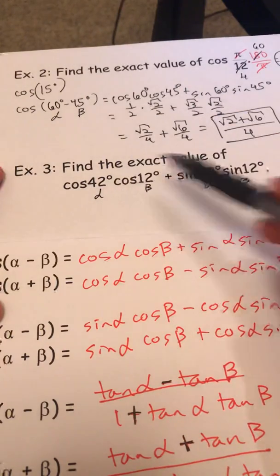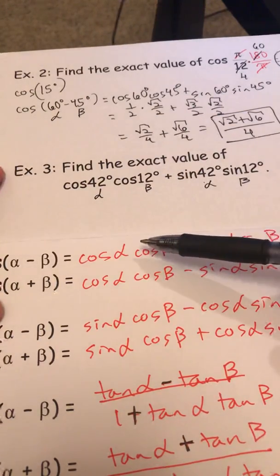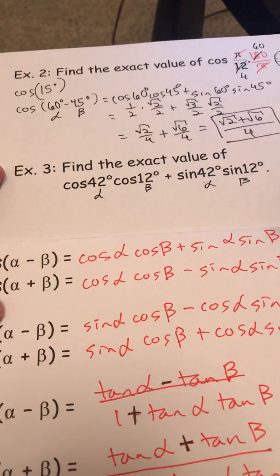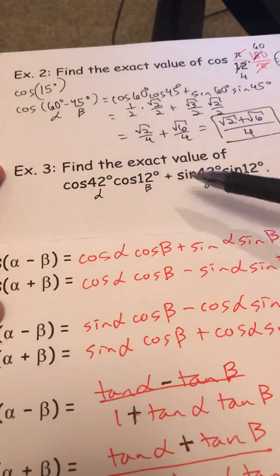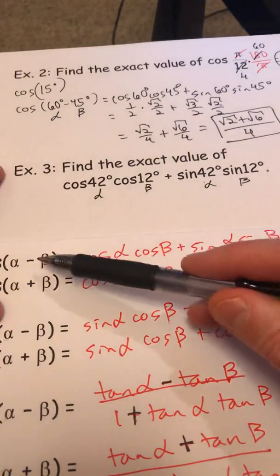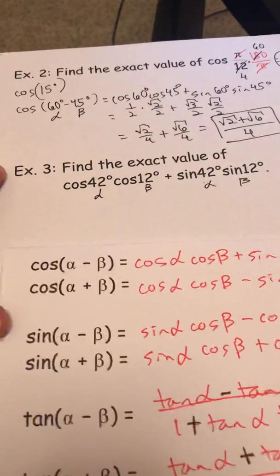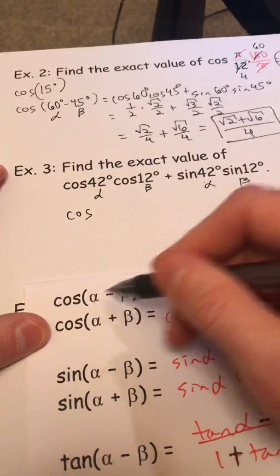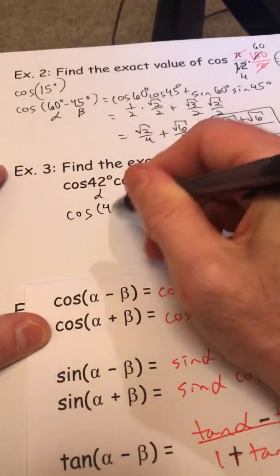Well, cosine, cosine, sine, sine, so we're definitely using one of the 2 cosine formulas. And from there, it's the one that has addition in the middle, so it's a cosine difference formula. So this becomes the cosine of alpha minus beta.